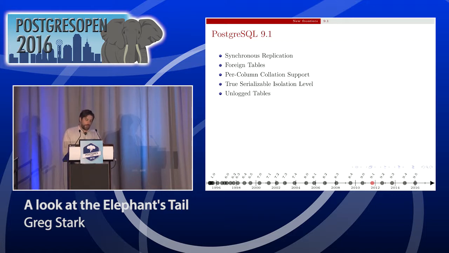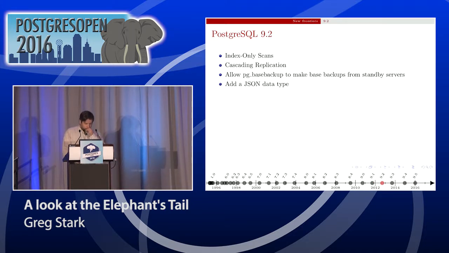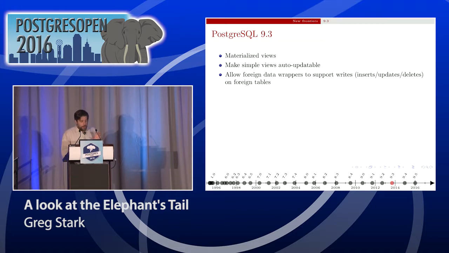Okay, I'm lying, because per column collation support is actually something people had been begging for many, many years. But synchronous replication is a good example. JSON data types: being able to store arrays was earlier, but now more hierarchical data structures like XML and JSON in the database, index it, and be able to perform queries efficiently against complex data structures like that.